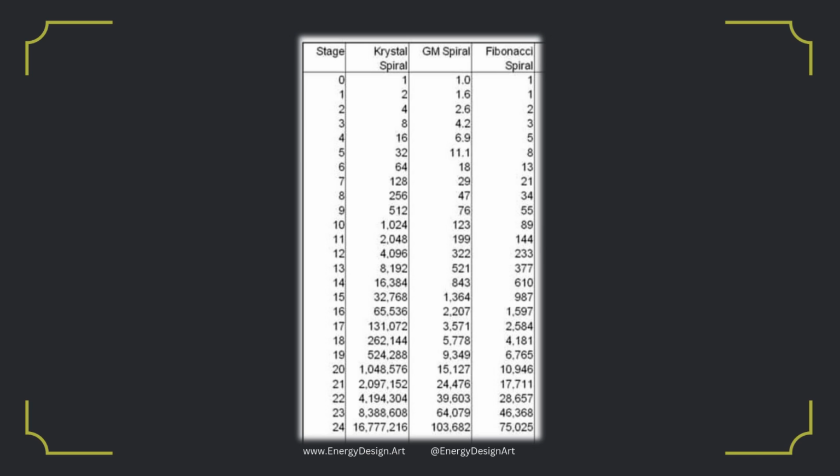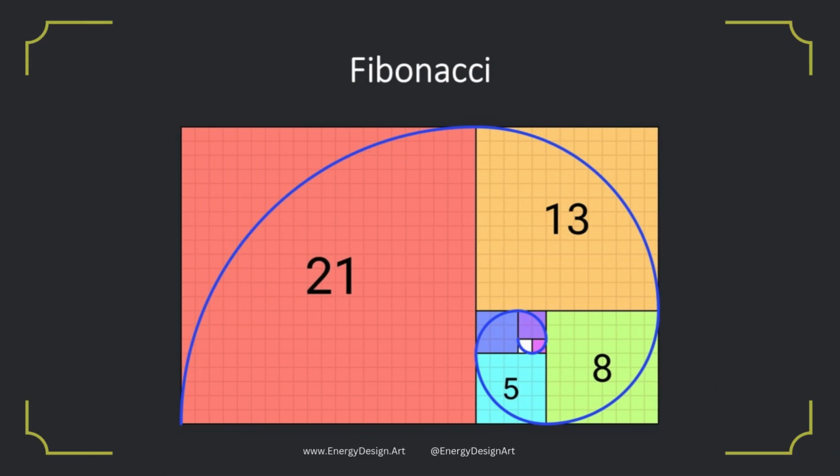Okay, let's connect the dots. And this is basically how the spiral is formed. We can, of course, form them in different ways, but the proportion itself stays the same according to the sequence that is used. So the first most commonly known sequence and the spiral is Fibonacci.